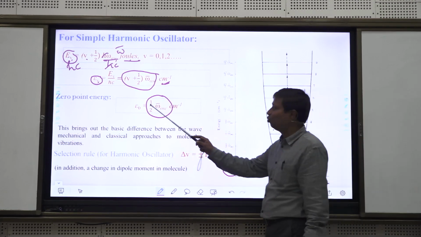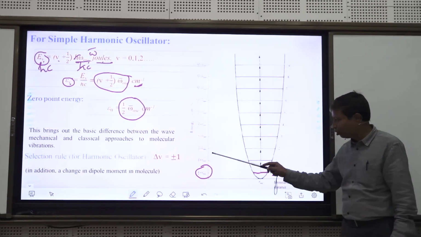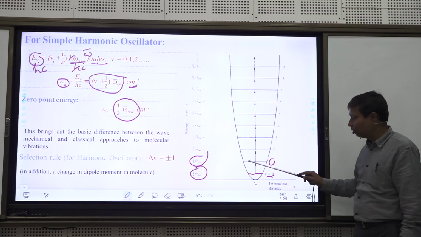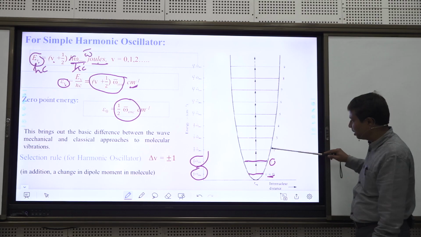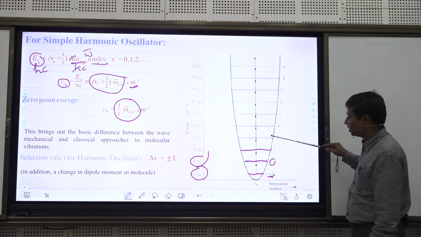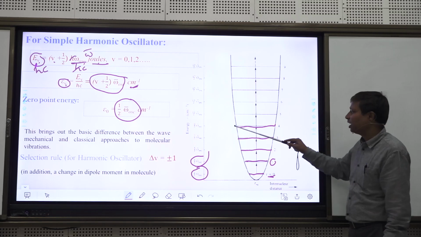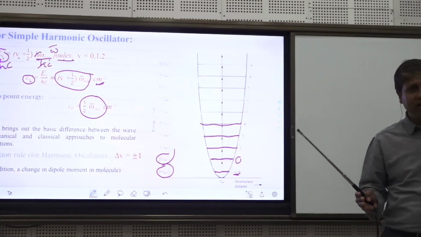Now v is equal to 1, 3 by 2 omega osc. You can keep on calculating and get the vibrational energy levels in a diatomic molecule.